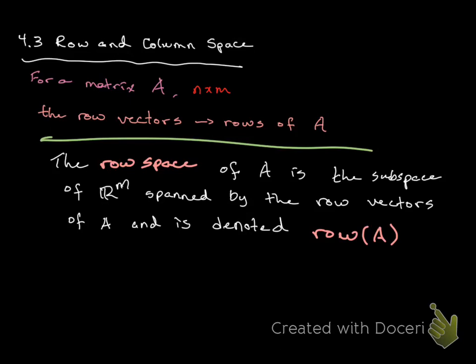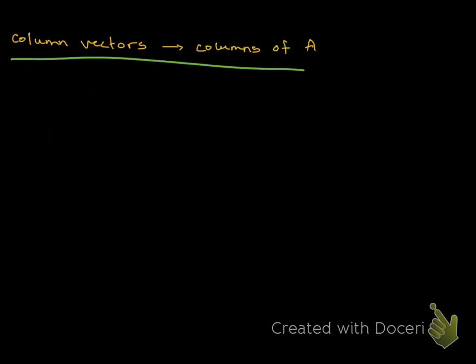We also have a column space. The column vectors of A are just the columns of A, right? We'll use that to define our column space.